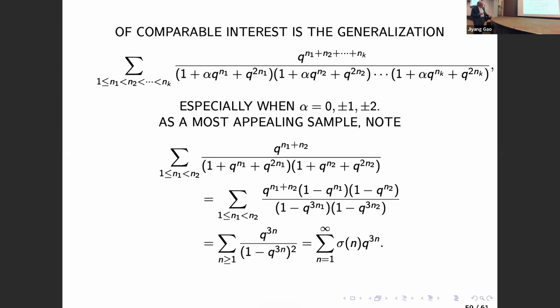Finally, I want to say that instead of just looking at the case where alpha is minus 2, which is what we've been looking at before, when alpha is 0, plus or minus 1, or plus or minus 2, these series are very interesting because, in effect, they also fall into quasi-modular forms. And one of the most appealing examples to give you some idea of this is that when alpha is 1, you have this series.